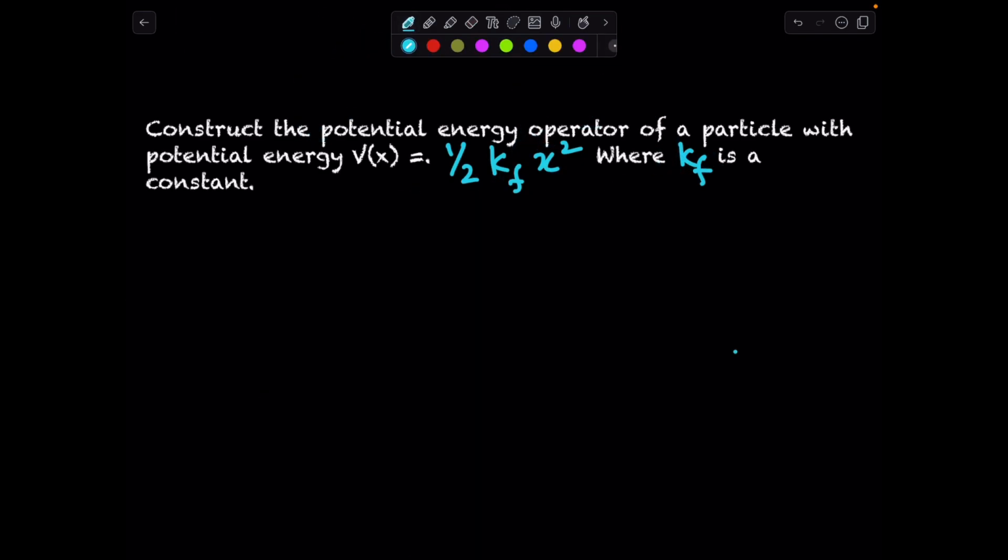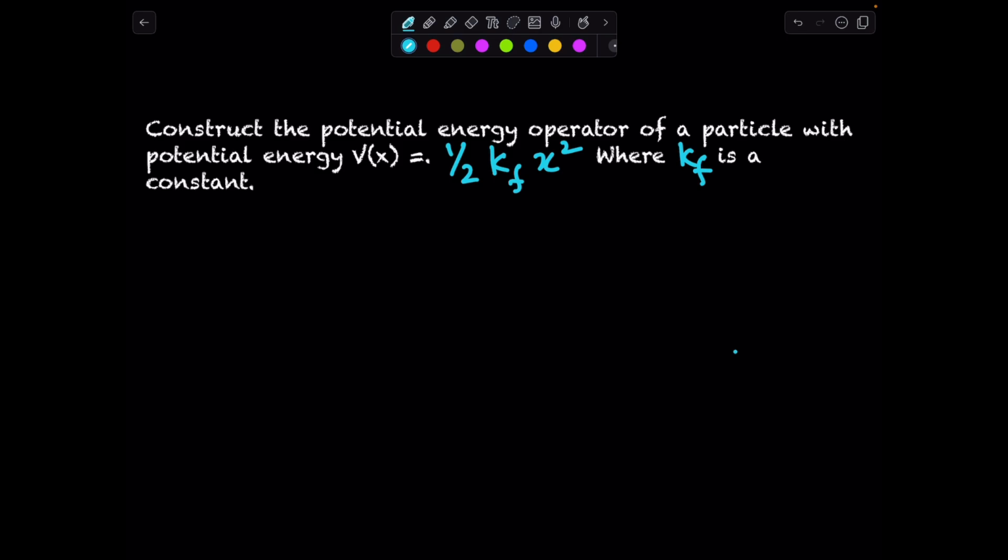Construct the potential energy operator of a particle with potential energy V of x equals half k f x squared, where k f is a constant. To construct the potential energy operator, we can replace the position x by the operator x cap.